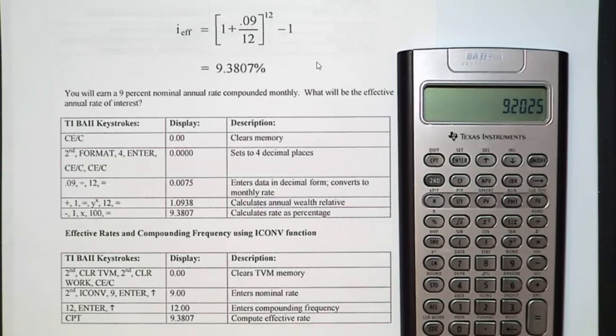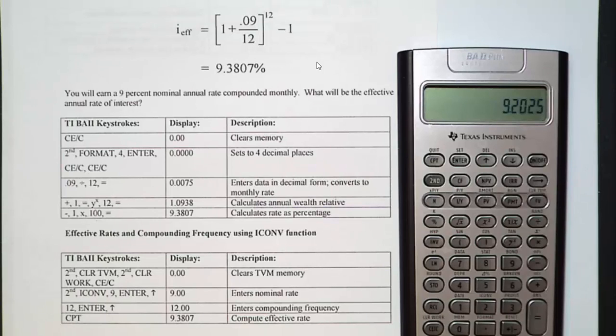So you see that when we have semi-annual compounding, that's even a lower rate than quarterly compounding. So we go from 9 to 9.20 to 9.31 to 9.3807.